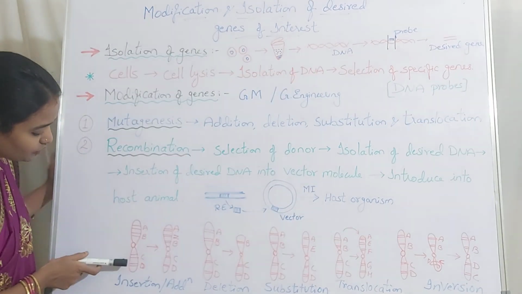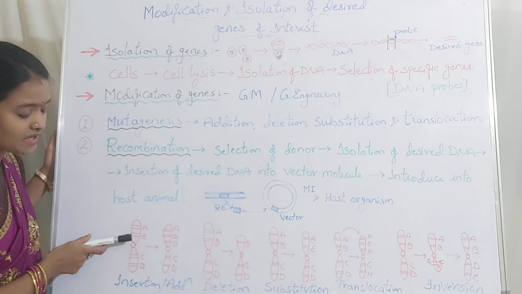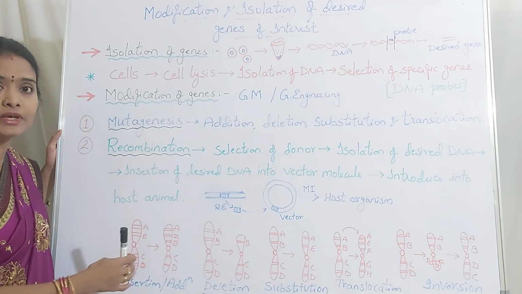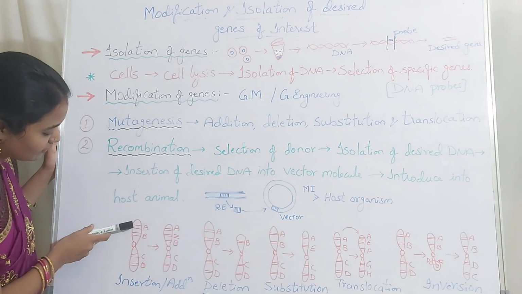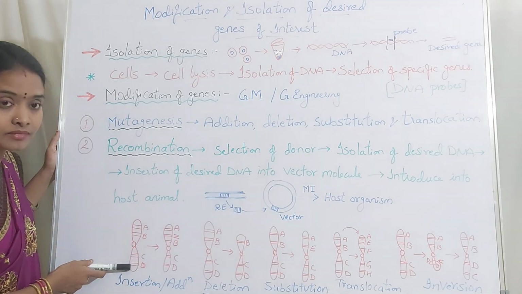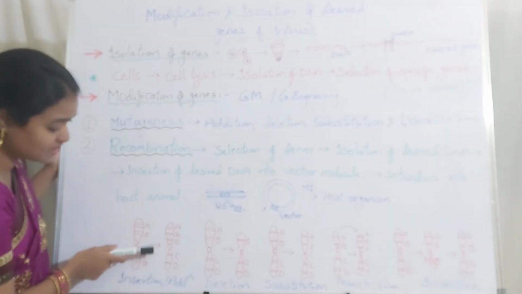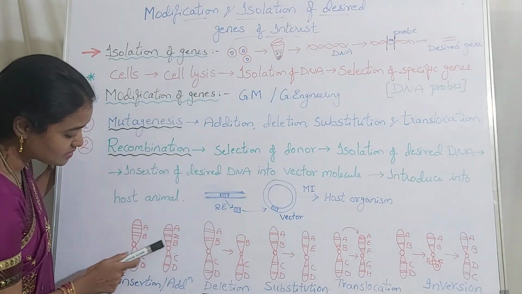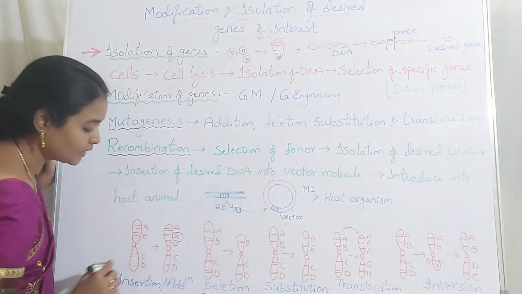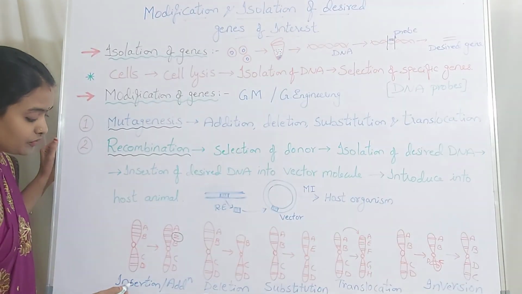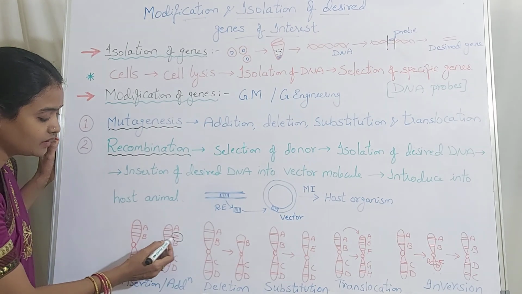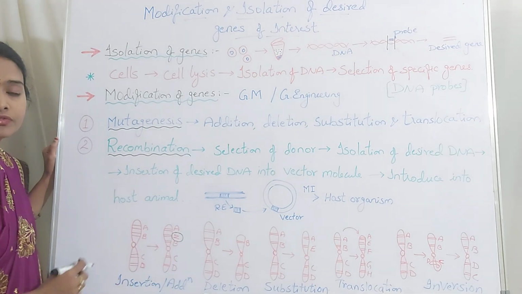So here we want to change the base so that the gene will be modified. You have A, B, C, D. Right? So here in this base addition, you can see we have added the Z. Right? So that means here we have inserted or added the desired gene of interest.